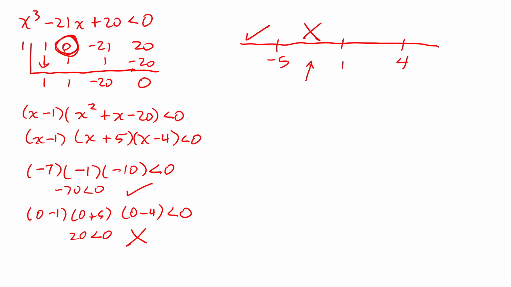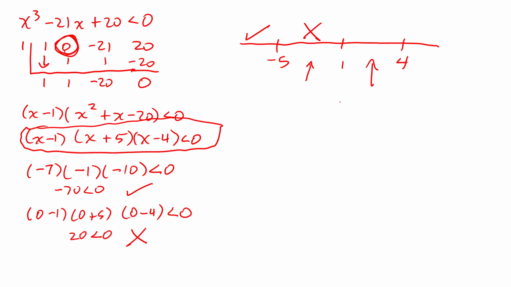Okay, good enough. So now we proceed to the next interval, and we can pick a number like 2 and plug it in. What some people find is it's a little bit quicker for them if, instead of actually evaluating each bracket, they just determine the sign.